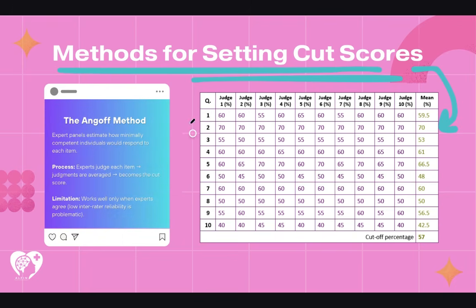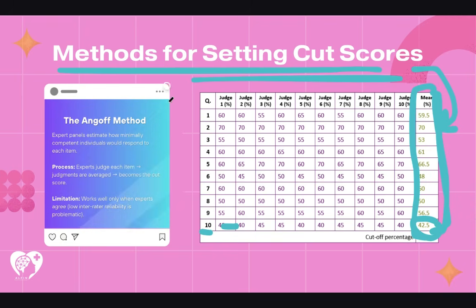For example, in mathematics, for this item it's 60, and so on. Then you get the mean per item across the judges. For example, if the test has only 10 items, you take the mean per item, then the average of all the scores of all the judges. So we have a cut score of 42.